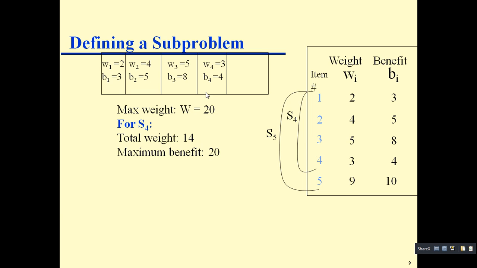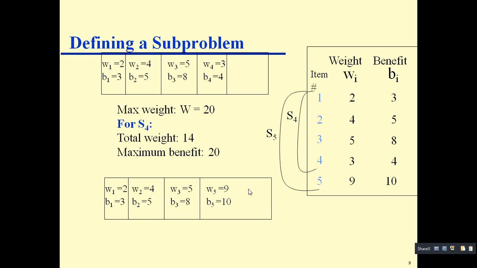Okay, so if we are picking the first 4 items, then the cost we will get is 3 plus 5 plus 8 plus 4: 3, 5, 8, 16 plus 4, 20, right? So the total weight will be 14 and the cost will be 20. Okay, so this is one possible way by which we can fill our knapsack.